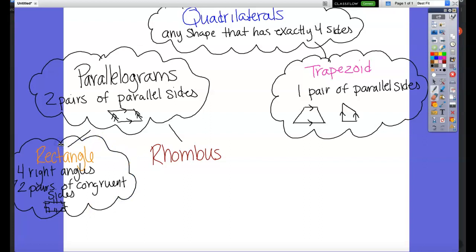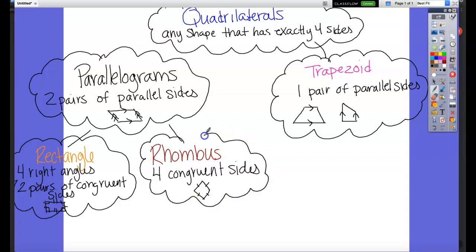Okay? As for a rhombus, it doesn't necessarily have 4 right angles, but it does have 4 congruent sides. So typically, kind of like a diamond, this side, this side, this side, and this side are congruent to each other, but it doesn't necessarily have 4 right angles. Now, we do have a shape that has both 4 congruent sides and 4 right angles, and that is called a square.